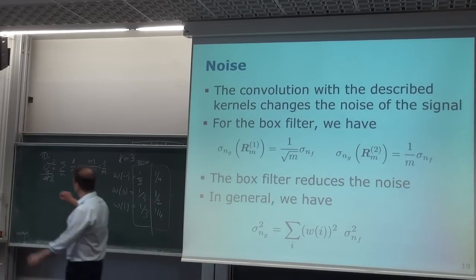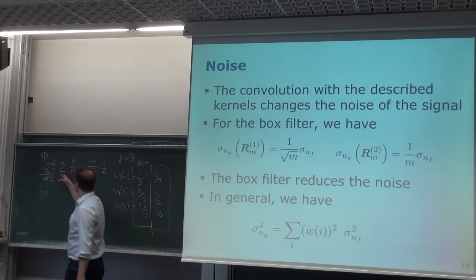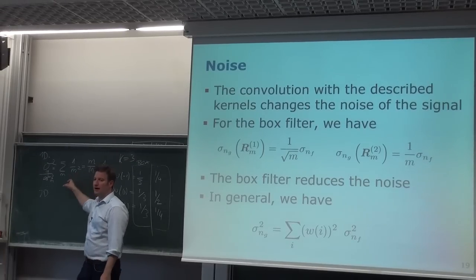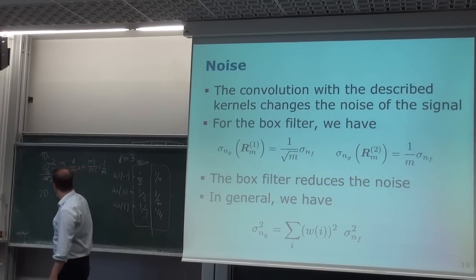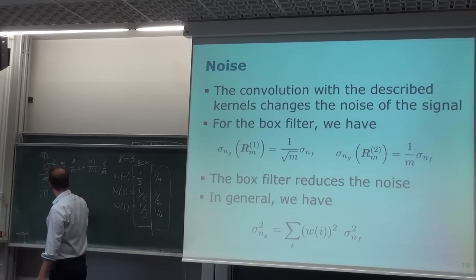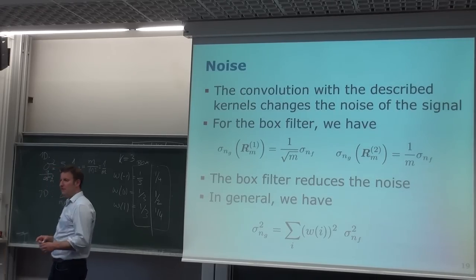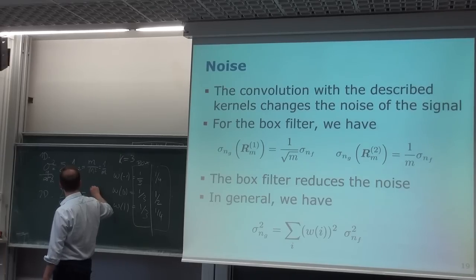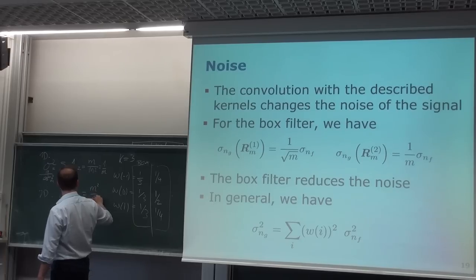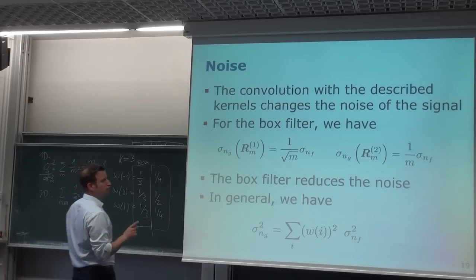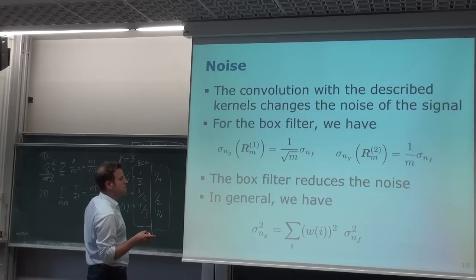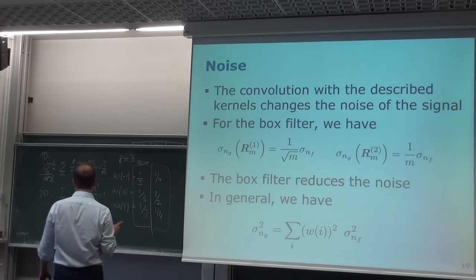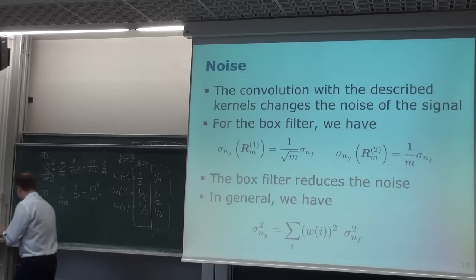For the 2D case, I don't only have m values to sum over, I have m squared values. So for the 2D case, we have this sum over m in i and m in j, of 1 divided by m squared. So this gives me m squared divided by m squared. No. Okay, what went wrong? Oh, found the mistake.